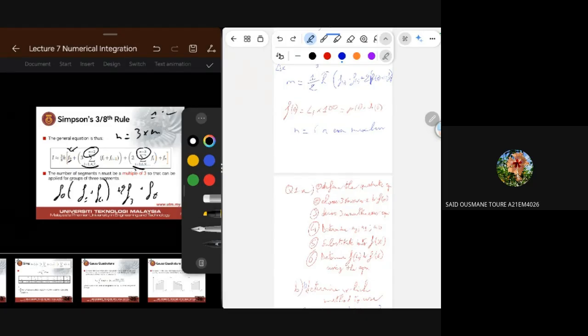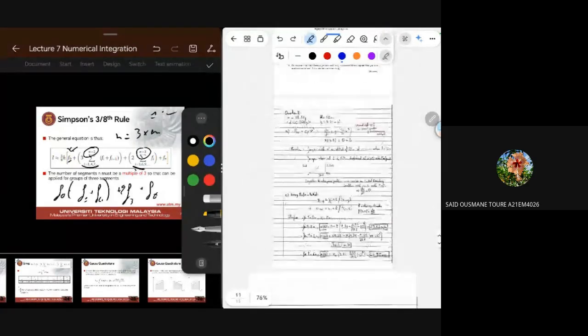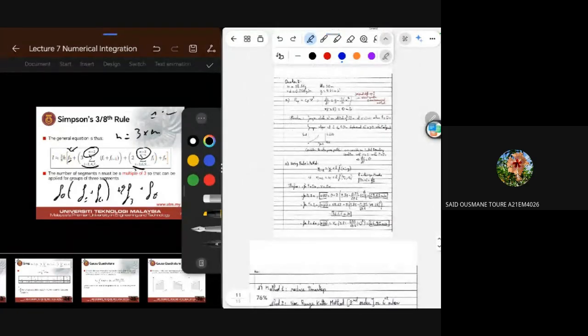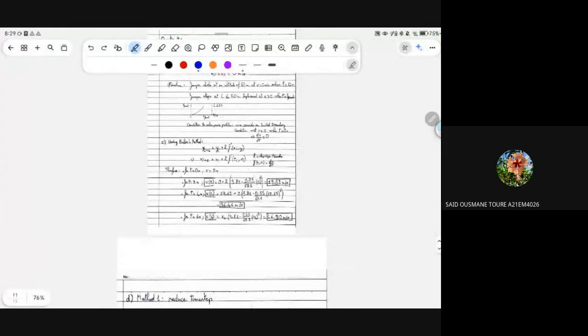So now, question 2. We go to the next chapter. We're done with curve fitting. We haven't touched yet on numerical differentiation. However, we've seen the methods for numerical integration.